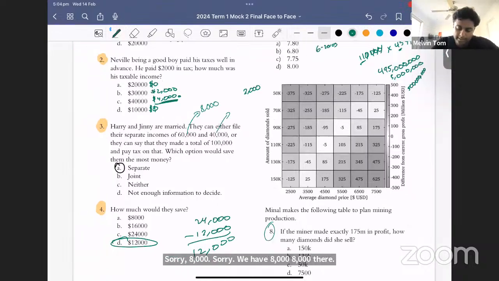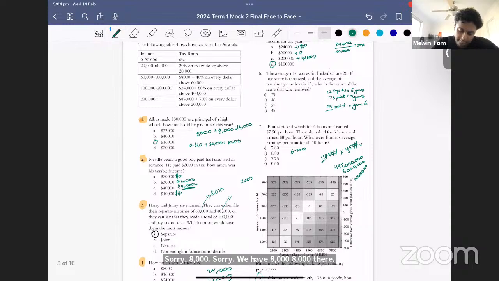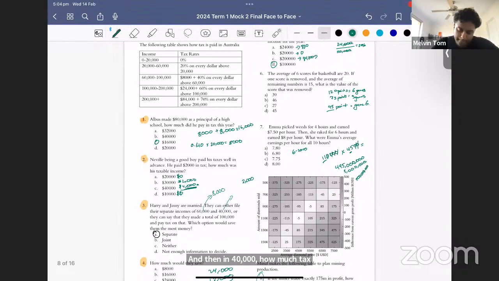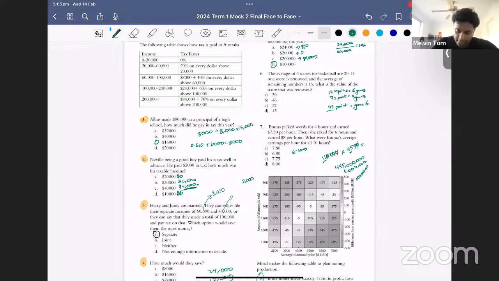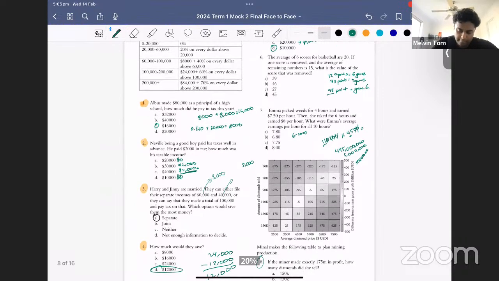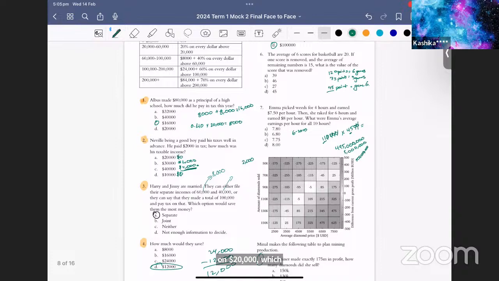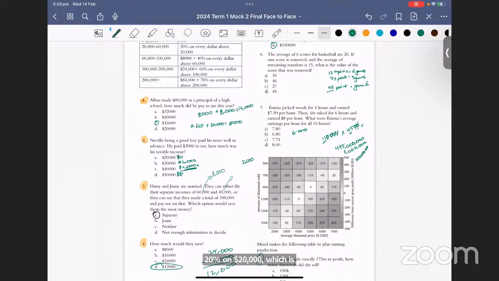And then in 40,000, how much tax do you pay on that? 20% on every dollar above 20,000. So 20% on $20,000, which is? I don't know how to calculate that.